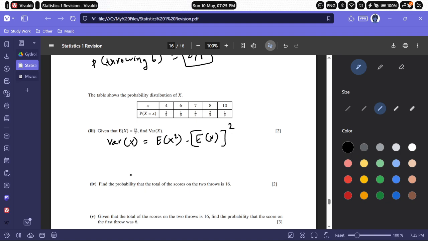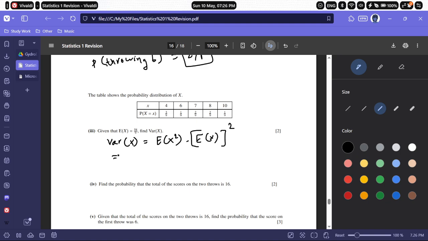I won't show the calculations for finding E(X squared), although you do have to show the calculation for that in the exam, since there's not a lot of space. So I'll just do it in my calculator. 4 squared times 3 over 9 plus 6 squared times 1 over 9 plus 7 squared times 2 over 9 plus 8 squared times 2 over 9 plus 10 squared times 1 over 9.